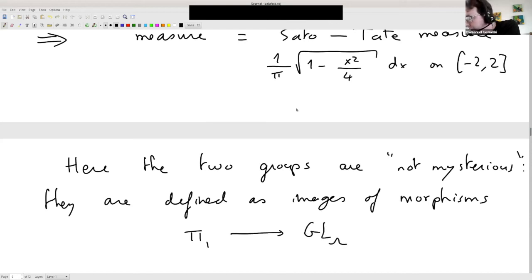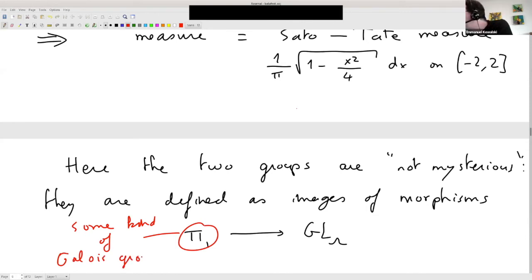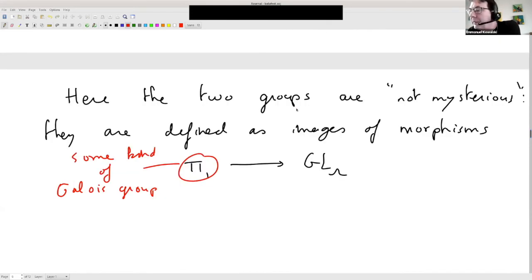Okay, so you should think of this as some kind of Galois group. It's an infinite complicated group, but it's given and associated to the given base field. And the family of exponential sums naturally gives you homomorphisms like this. And you just take the image essentially. And that gives you the two groups.